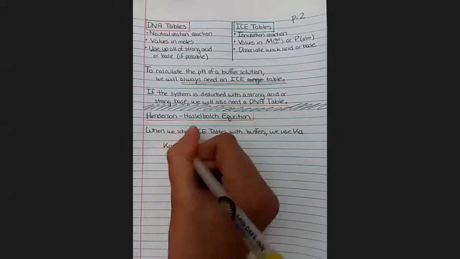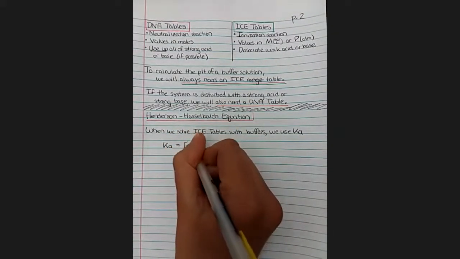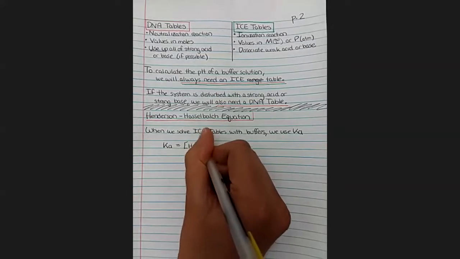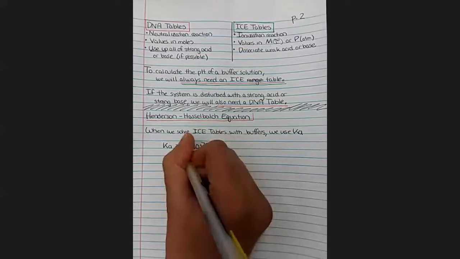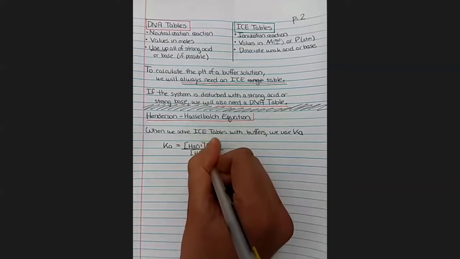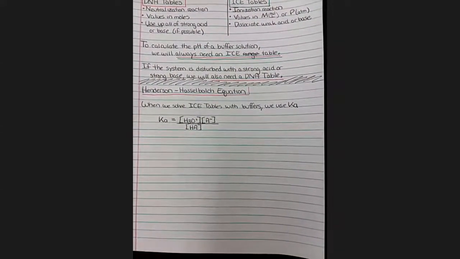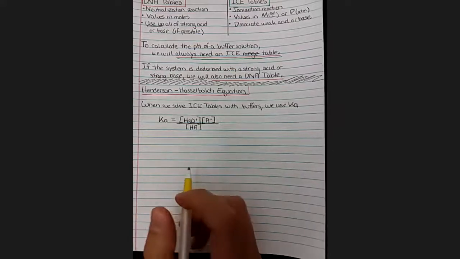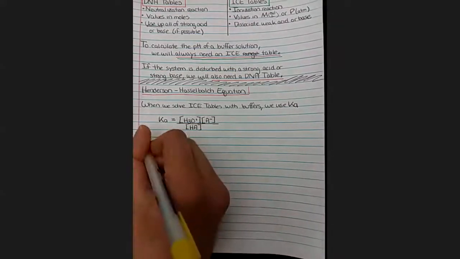So our Ka expression looked like this. For a weak acid, products over reactants, it always looks like H3O plus times A minus over HA. And we solved that, and there was quadratic involved sometimes, but we could save ourselves some work with the assumption, and now we're going to take our assumption one step further.